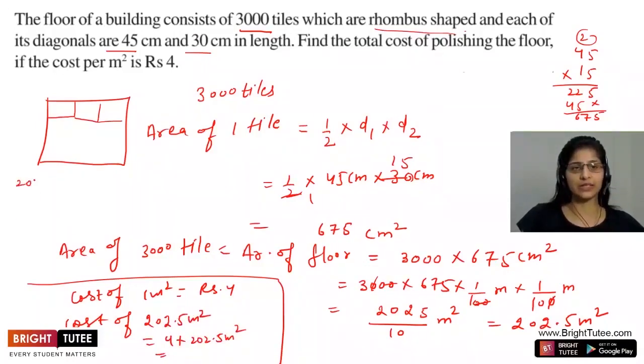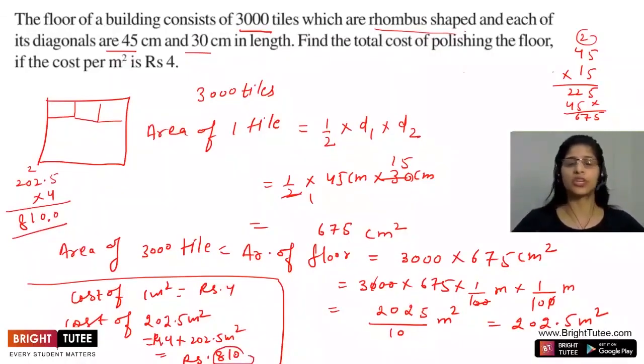Let us multiply it here. 202.5 into 4. 4 fives are 20, 2 is the carry, 4 twos are 8 and 2 is 10 and 1, 4 twos are 8, and there will be a decimal. So rupees 810, right, we are going to get. So this is the cost of polishing the floor, rupees 810, right?